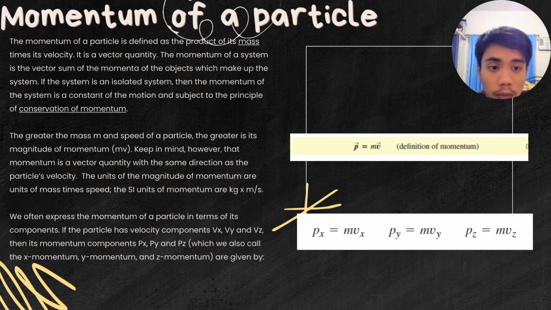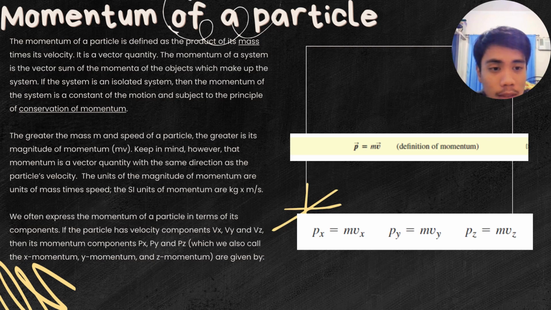It is a vector quantity. The momentum of a system is the vector sum of the momenta of the objects which make up the system. If the system is an isolated system, then the momentum of the system is a constant of the motion and subject to the principle of conservation of momentum, which we will tackle later on.